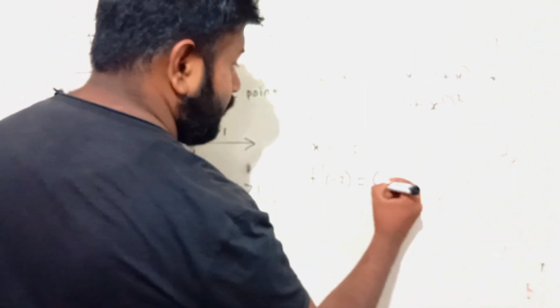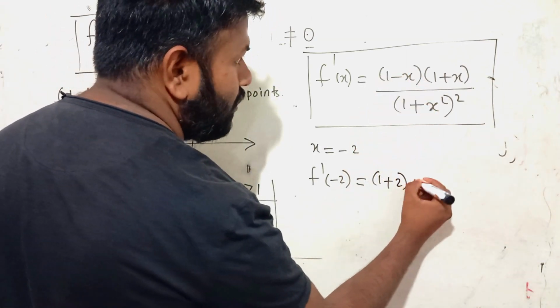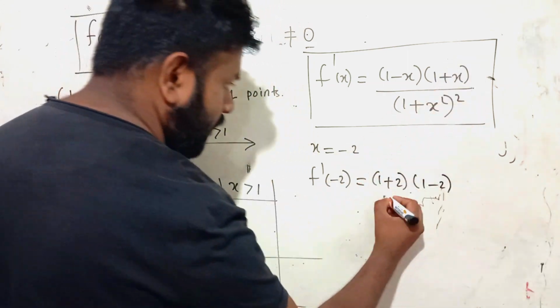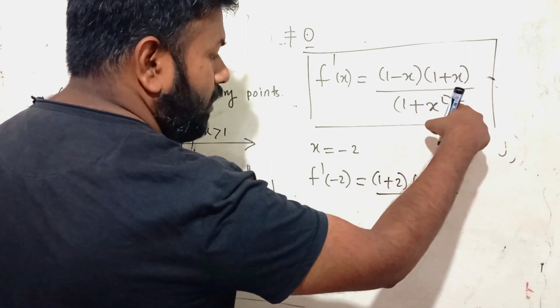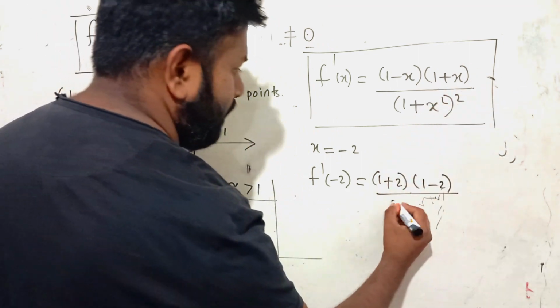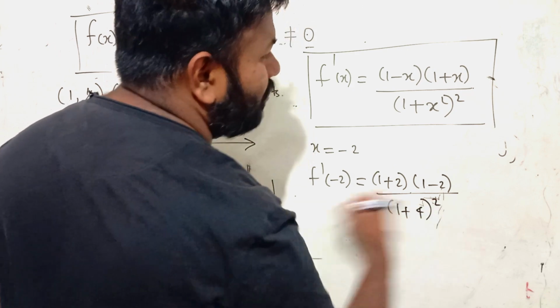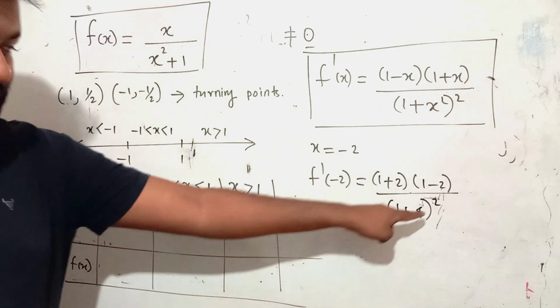So 1 minus minus 2, so it's going to be 1 plus 2, and 1 minus 2 here. I'm substituting here, over (1 plus x squared) squared. So 1 plus (minus 2) squared, that's going to be 4, to the power 2. So definitely the denominator is going to be positive.